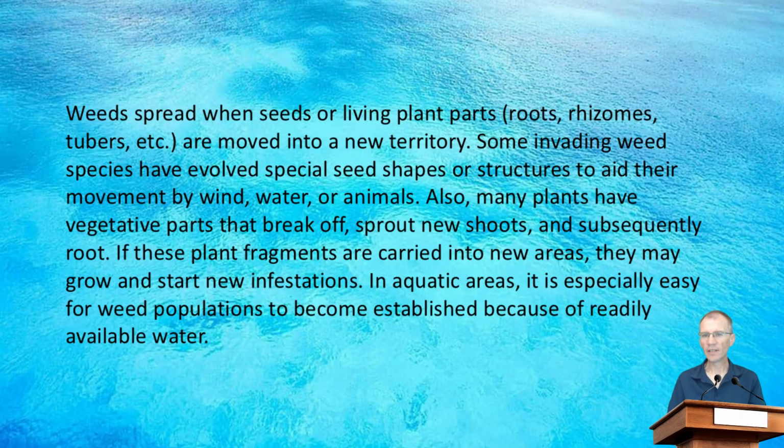Weeds spread when seeds or living plant parts (roots, rhizomes, tubers, etc.) are moved into a new territory. Some invading weed species have evolved special seed shapes or structures to aid their movement by wind, water, or animals.